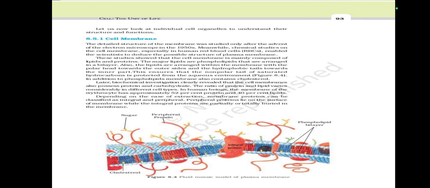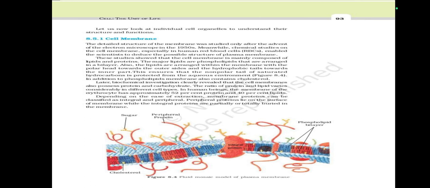Also, the lipids are arranged within the membrane with the polar head towards the outer side and the hydrophobic tails towards the inner part.